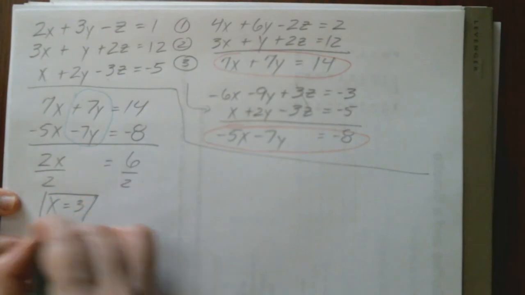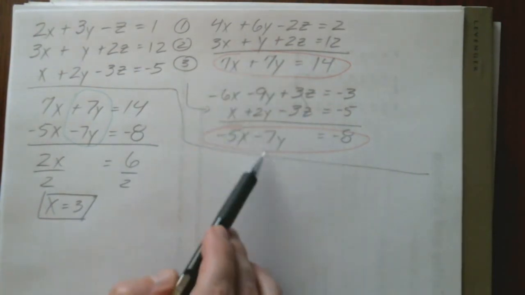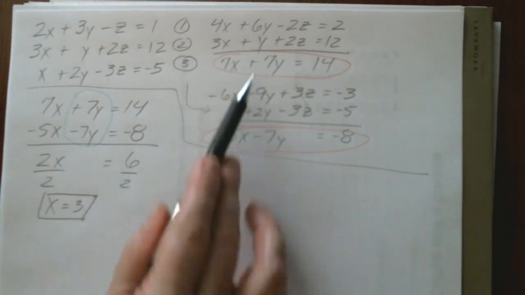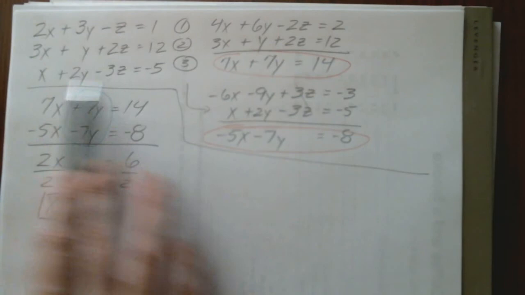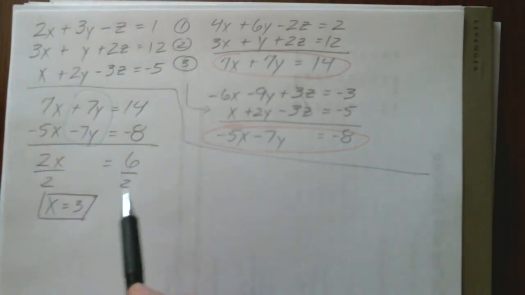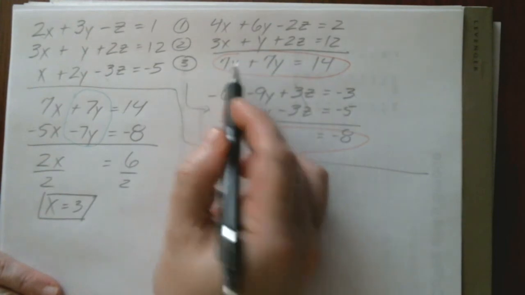Now I've got one variable to solve for, but I've still got a ways to go because I still need to solve for my y and for my z. Now, I'm just going to use these equations to find out what my y value is. Then we'll plug our x and our y back into any one of these equations. So x is 3. I'm going to plug that in.